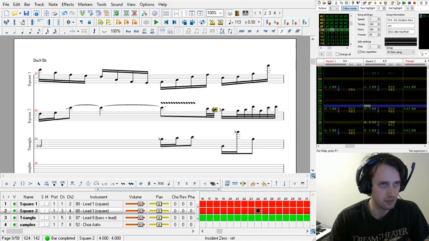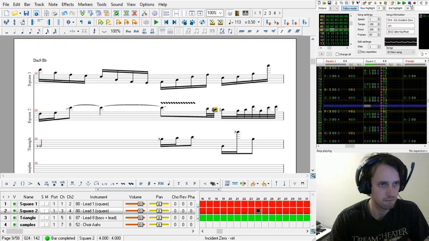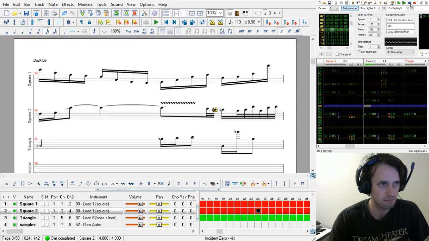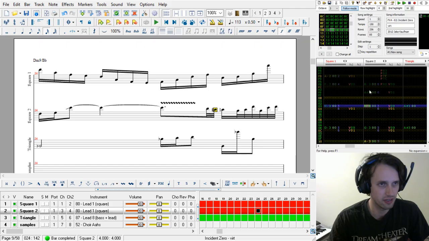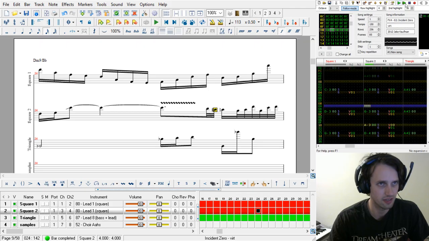So let's just listen to it soloed. It's really weird. Even though these are all equal volumes, I think you only hear these notes that are on the beats.